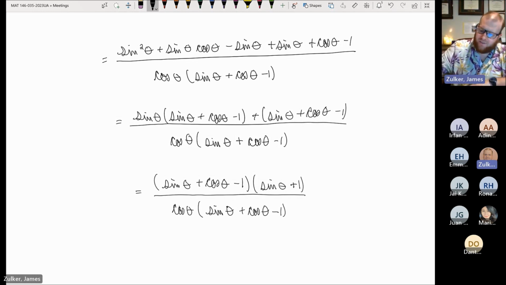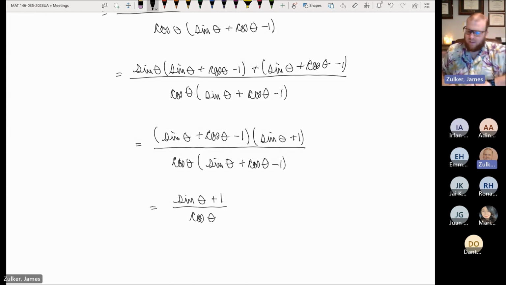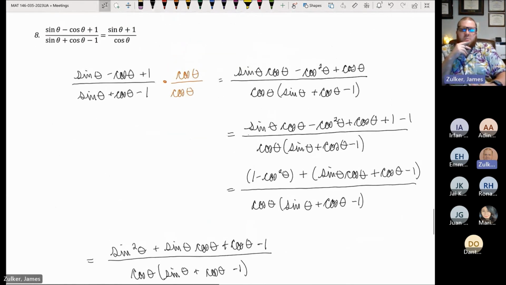Those terms will cancel, rather. And we get sine theta plus 1 over cosine theta, which is what we wanted.